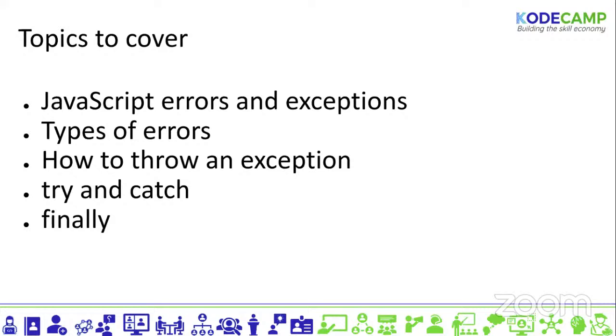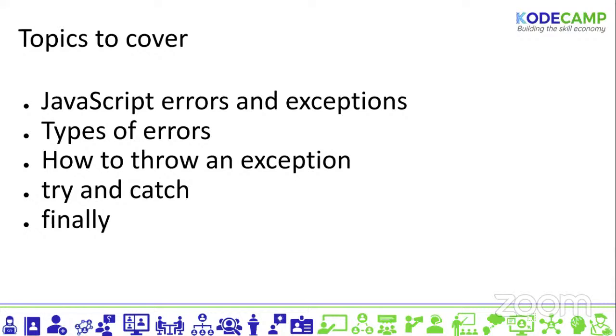Then we'll see how to use try and catch to try a block of code, and if an error is generated from running that block of code, we catch that error.